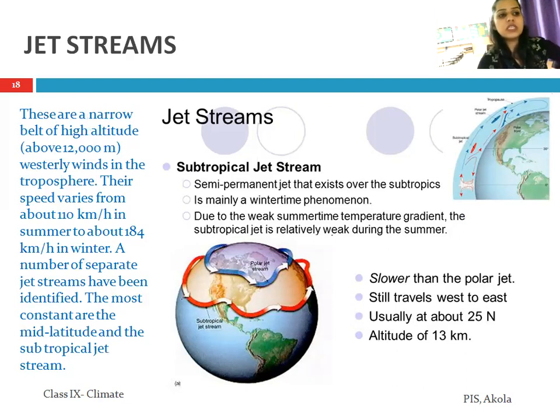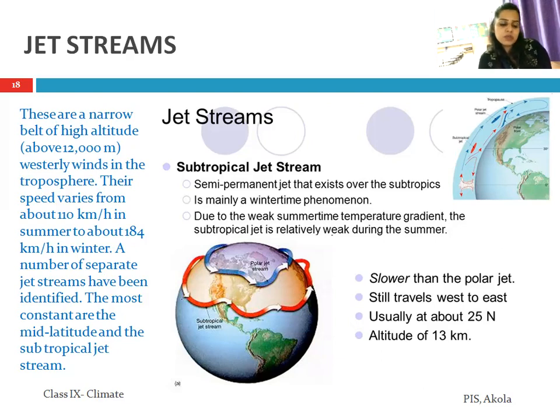As you can see, subtropical jet streams are semi-permanent jets that exist over the subtropics. It is mainly a wintertime phenomenon due to the weak summertime temperature gradient. The subtropical jet is relatively weak during the summer. Now, if you look at that globe, it shows you the red and the blue line.